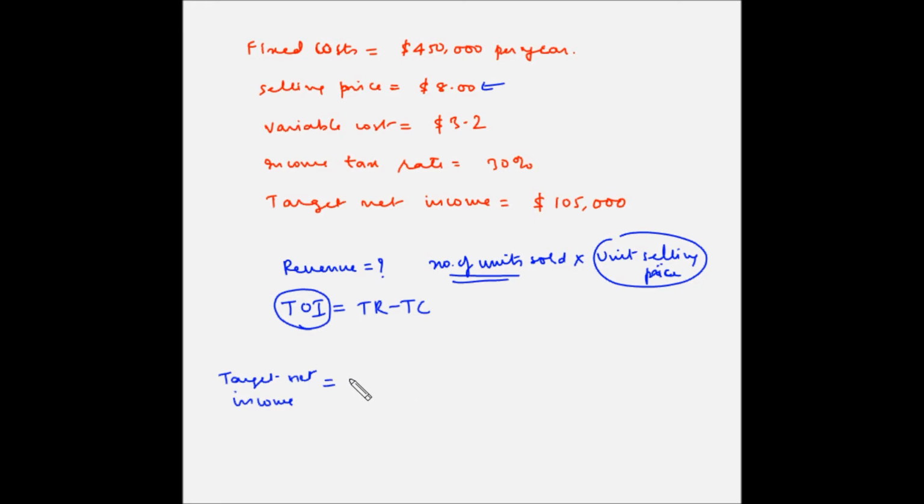So target net income is equal to target operating income minus target operating income multiplied by tax rate.